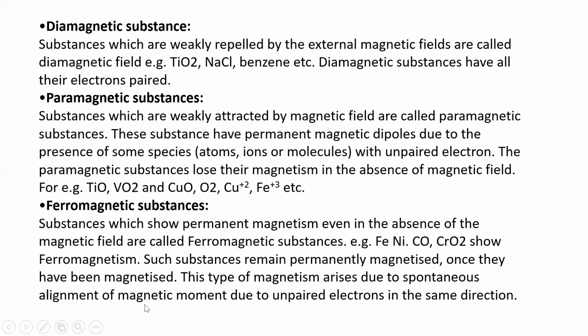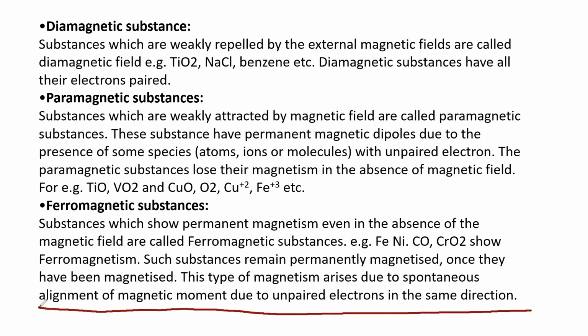Here the alignment is important. Note this down, very important; they will ask about the alignment in competitive exams. Alignment of magnetic moments due to unpaired electrons in the same direction is said to be ferromagnetic alignment.